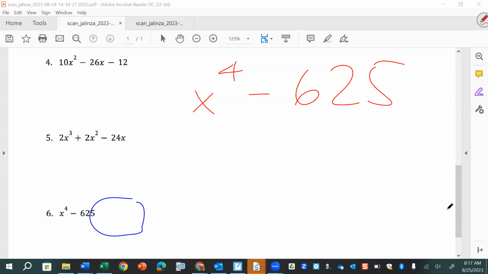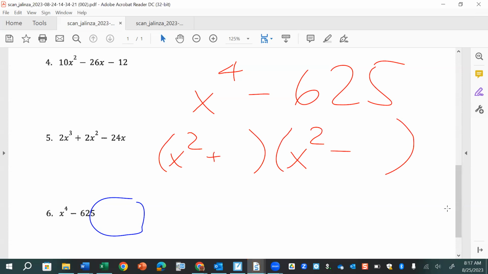Anyone know how to do it? Is there a GCF? Nope. So instead of X and X, you're gonna have to do X squared and X squared. Okay, I mean, what perfect square is this? 25 times 25?